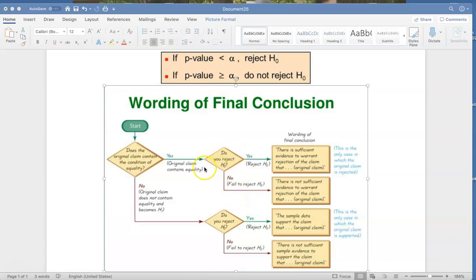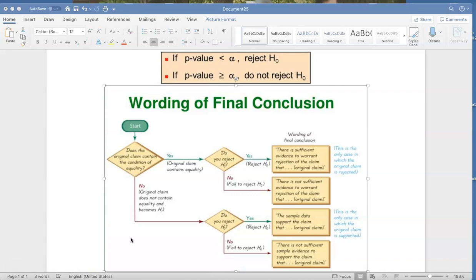Do you reject? You either reject or you don't reject. If the original claim contains equality, you go one way. If the original claim does not claim equality, you go a different way. So you got to check out how it's usually claimed. For the most part, we aren't using equal, but occasionally we will use it in the original claim.